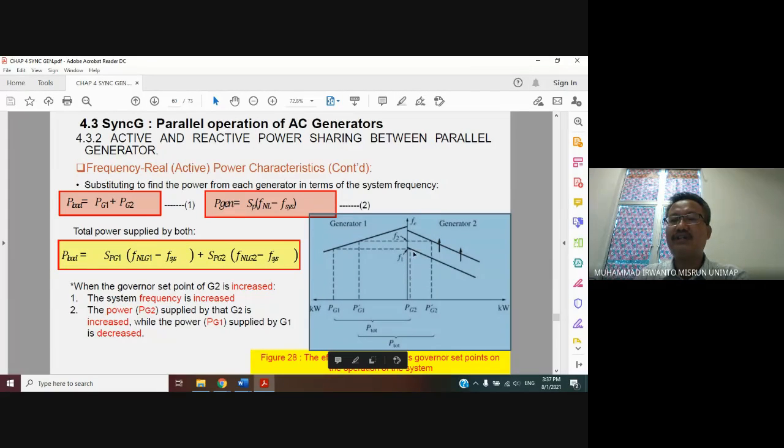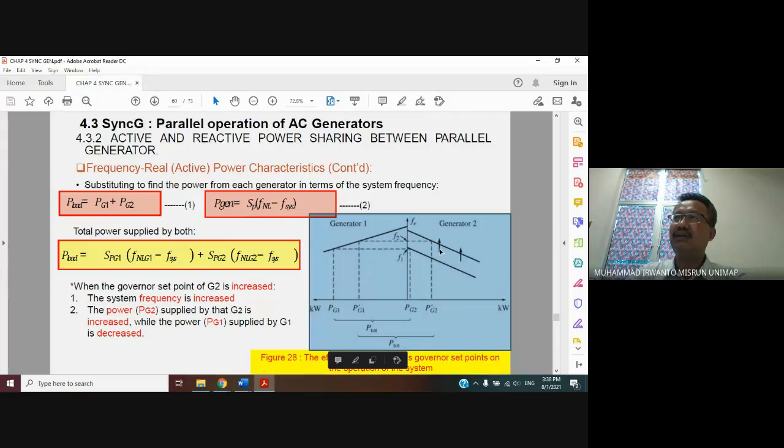Because we can see here the total bus condition: the total power PG is PG1 plus PG2. And then when generator 2 increases its frequency, the active power will increase.